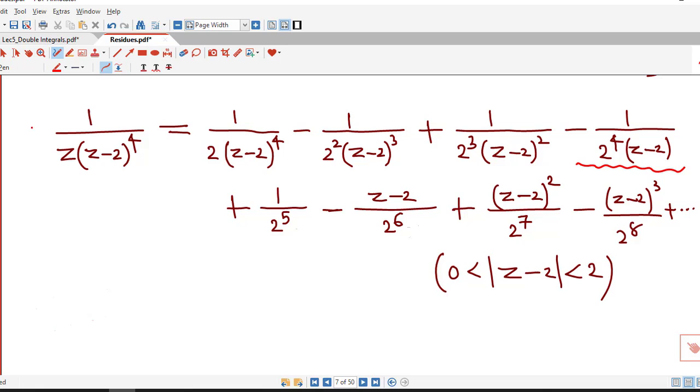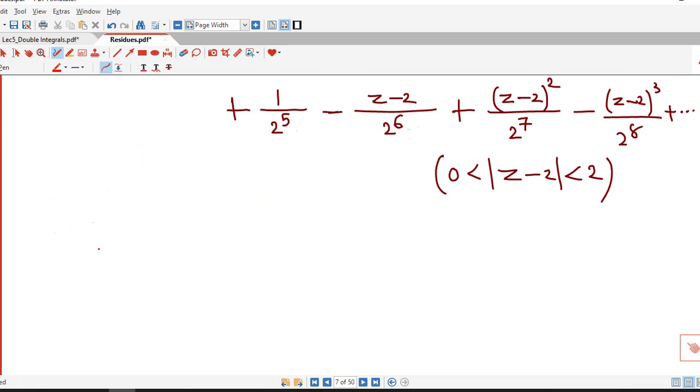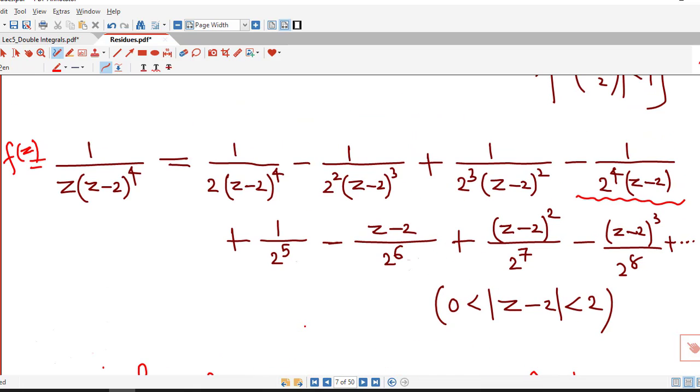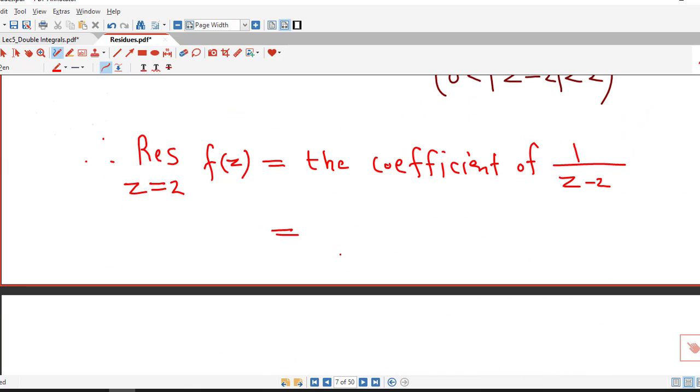And this is our function which we have denoted by f of z. So the residue of f of z at z equal to 2 is nothing but the coefficient of 1 over z minus 2, which is minus 1 over 2 raised to 4, that is minus 1 by 16.